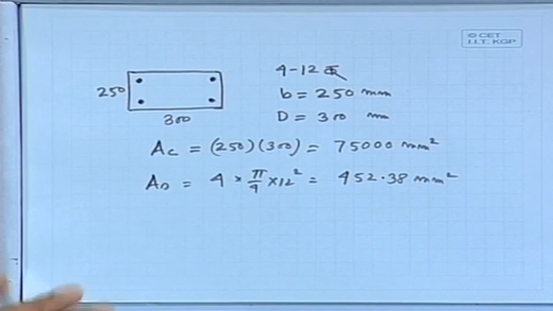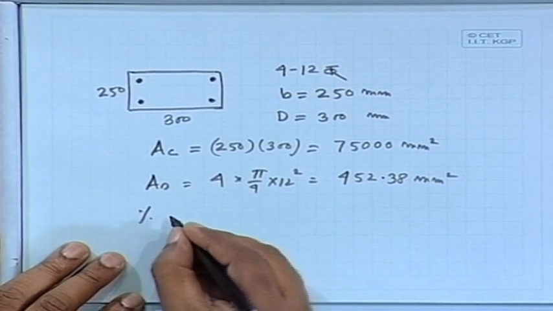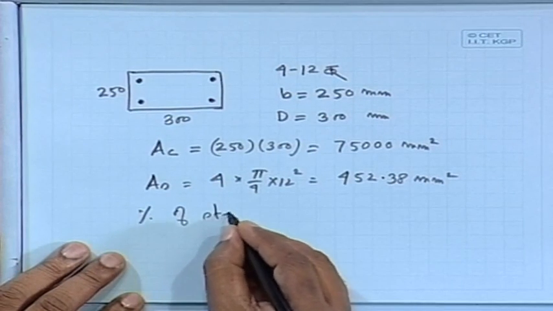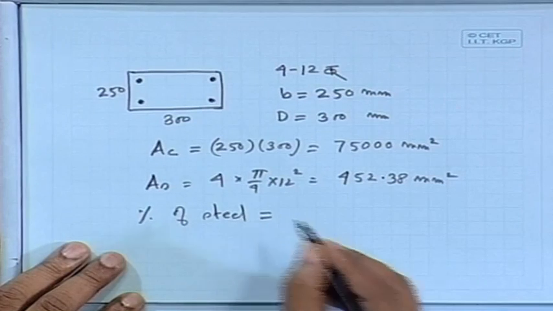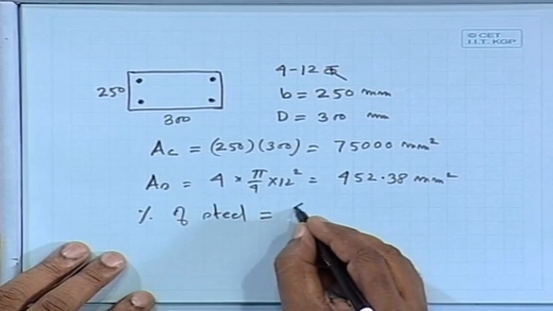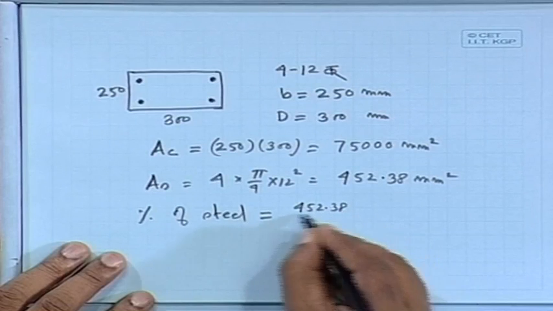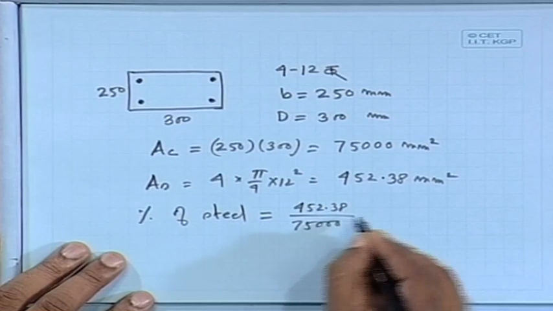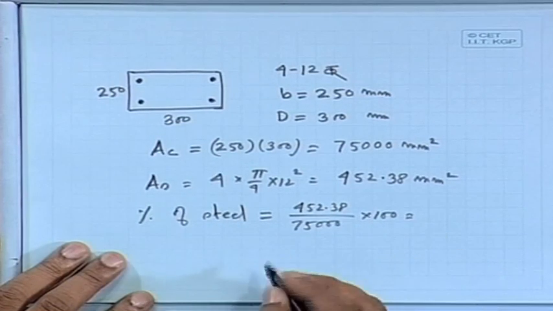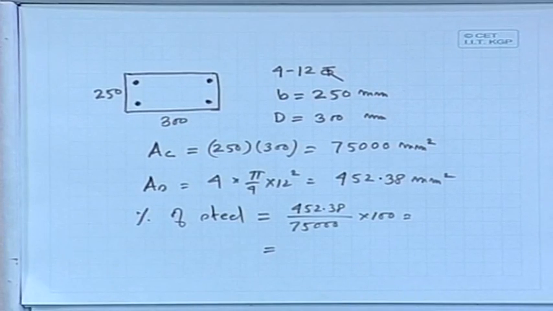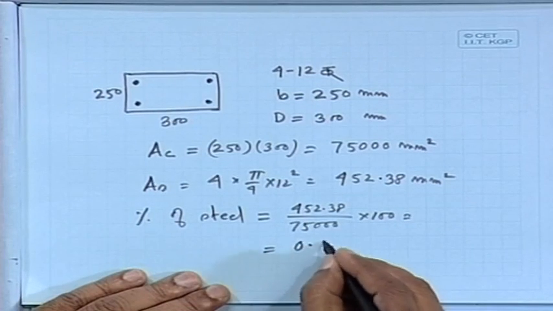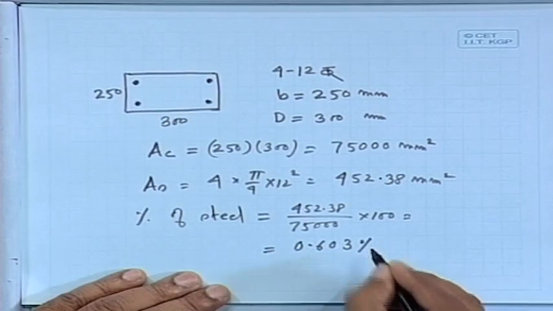Let us find out the percentage of steel before going to the calculation. Percent of steel equal to, which comes as 0.603 percent.